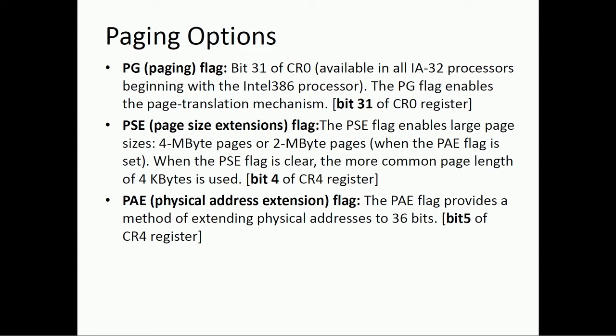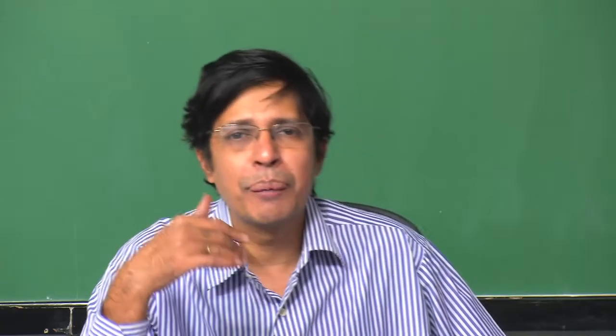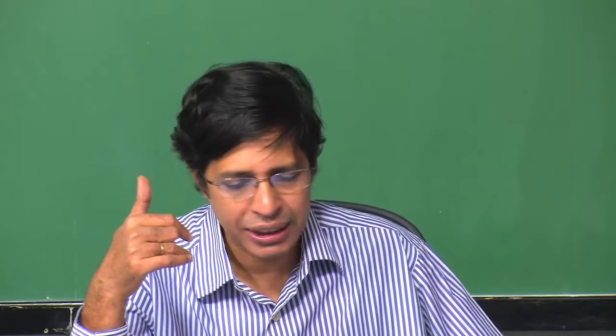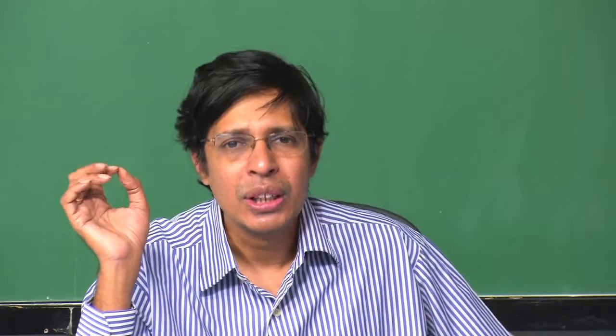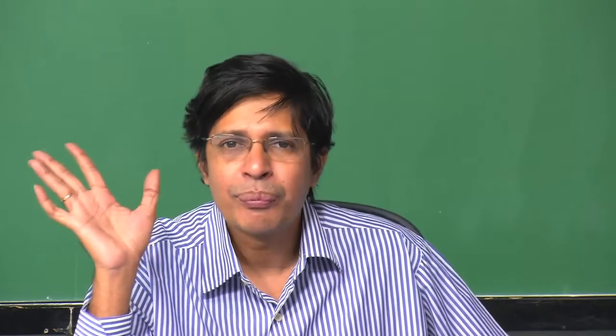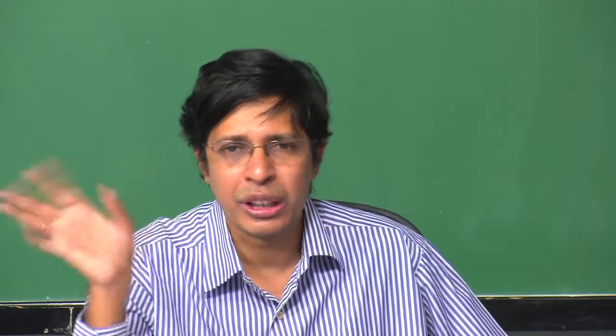When I make it 1, then it is interpreted as 4 megabyte pages. Now, whether it is 2 megabyte or 4 megabyte actually depends upon the PAE bit, which is the 5th bit of your CR4 register. So if your 4th bit of CR4 is 0, then it is 4 KB.